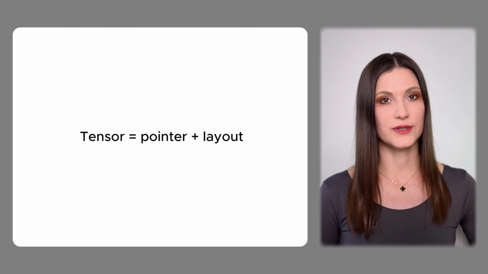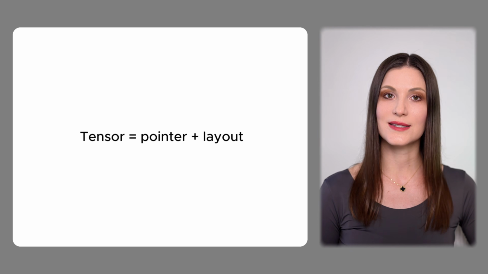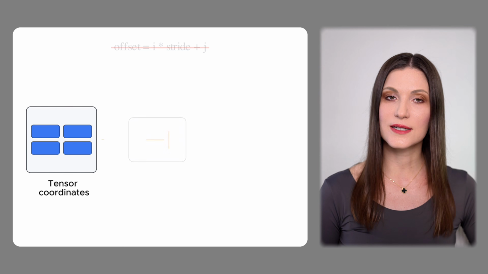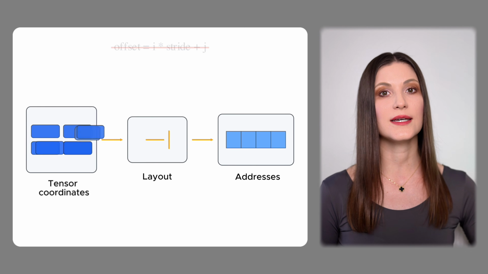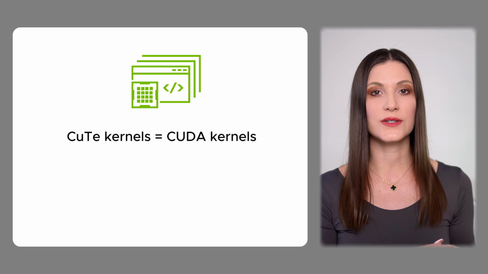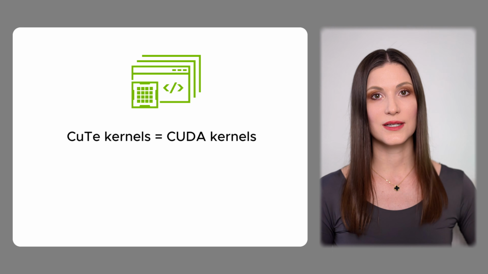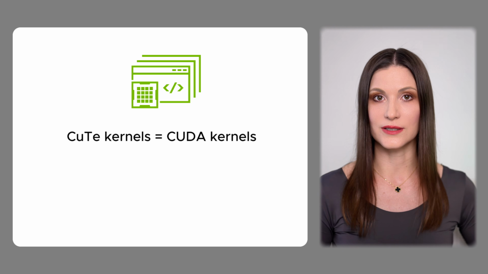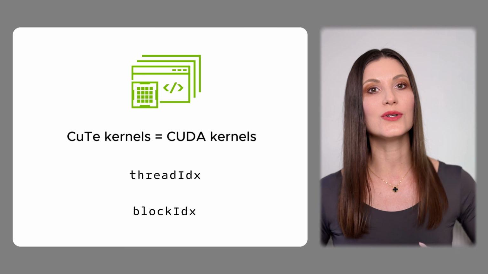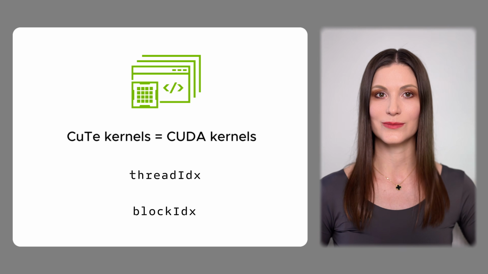CuTe gives you a vocabulary for tensor equals pointer plus layout. Instead of manually computing offsets, you express indexing in terms of tensor coordinates, and the layout handles the address math. And the big practical takeaway is CuTe kernels are still CUDA kernels. Threads and blocks are real. You'll read the thread index, block index, and control launch shapes explicitly.